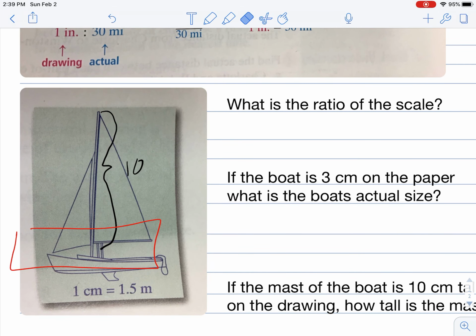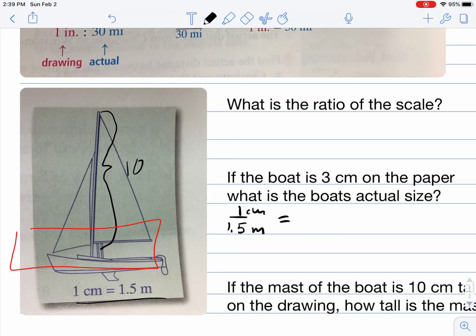So we've got this sailboat, and it tells us here at the bottom that the ratio is 1 centimeter to 1.5 meters. We're going to use this ratio as proportional to the ratio of any length on the drawing to the actual size.